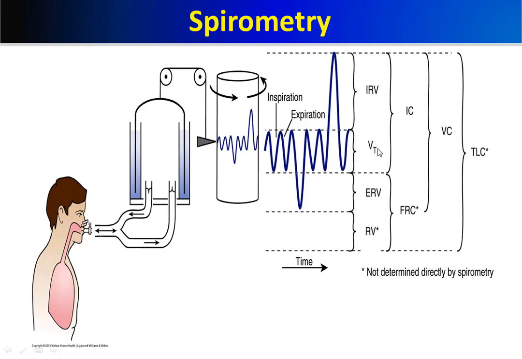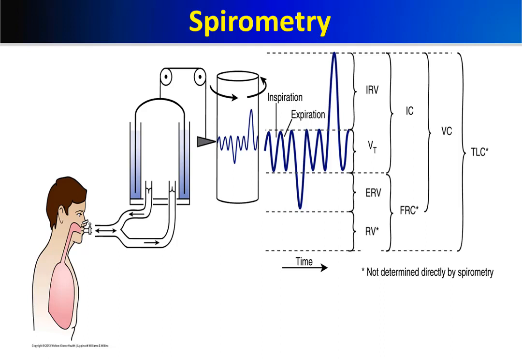And we have the tidal volume, the volume of air which gets in and gets out during normal resting eupneic breathing. And we have the inspiratory reserve volume, the volume of air which can be additionally inhaled after the tidal volume using forced inspiration. So these are the lung volumes, each of which is composed of only one volume.